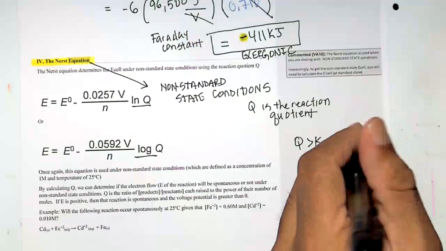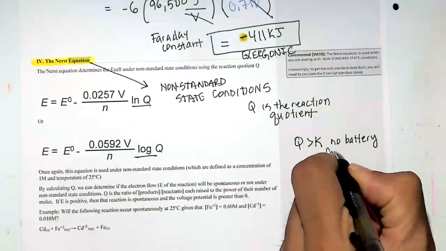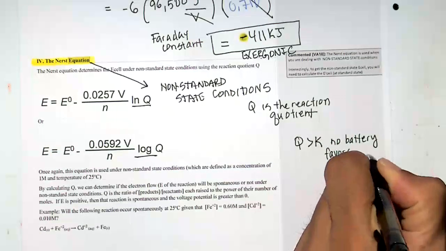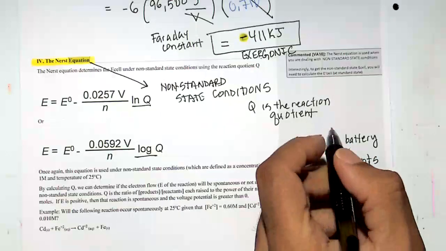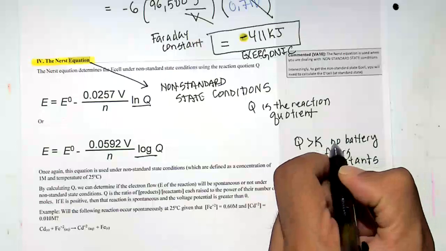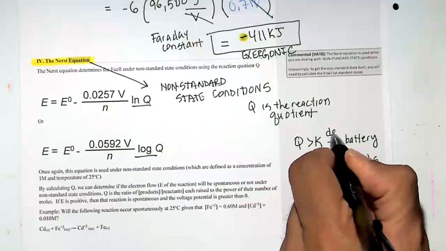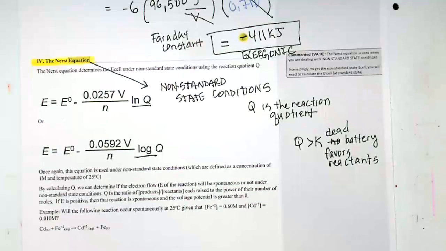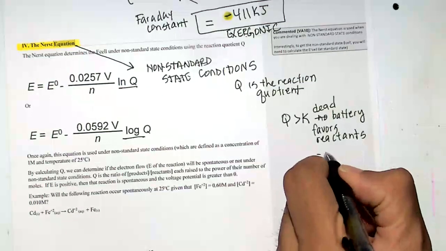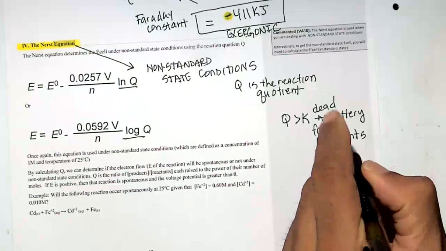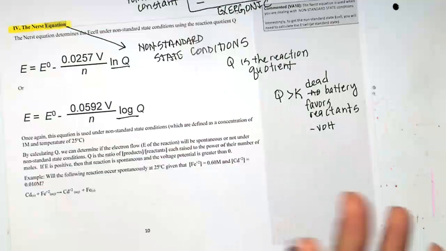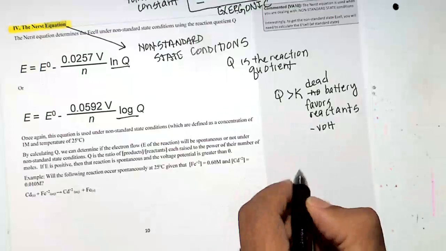The redox reaction favors the reactants, so I'll say a negative voltage, like a dead battery. Here we're going to get a negative voltage. It's not going to give you the power.